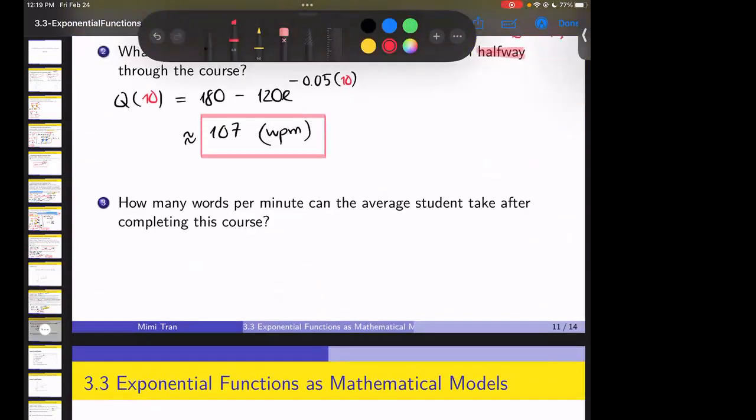How many words per minute can an average student take after completing the course? So after 20 weeks, completing the course, they finish the course after 20 weeks. See how fast they can go now. Q of 20.